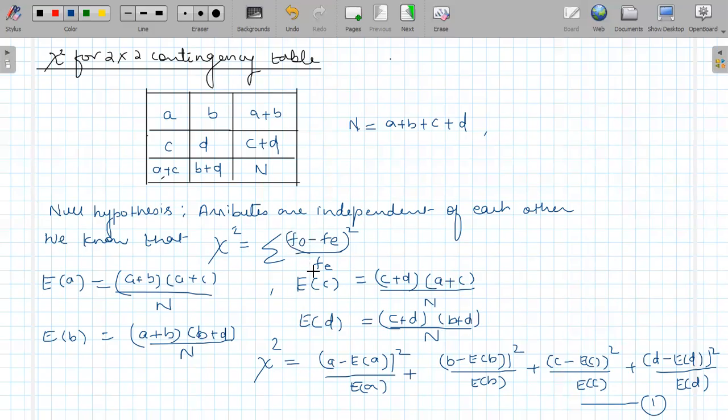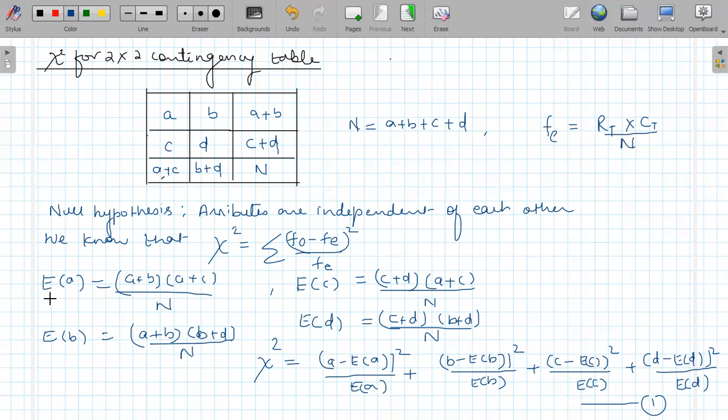Here FO means observed frequency that is given to us. FE means expected frequency, which is obtained by the formula row total into column total divided by capital N. FE formula: row total into column total divided by N.